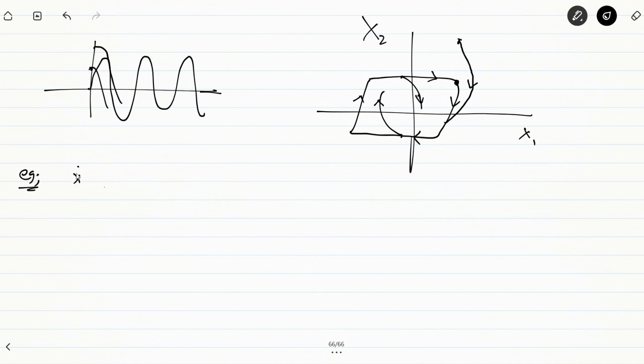So you have been given, we'll take up an example and see whether this system has a stable limit cycle, an unstable limit cycle or a semi-stable limit cycle.